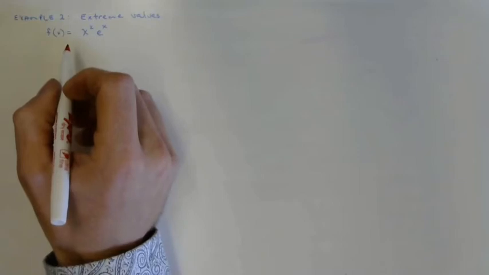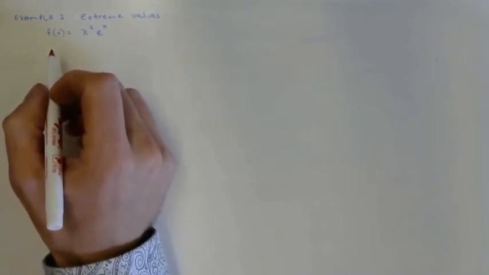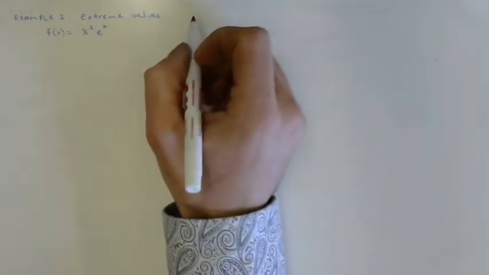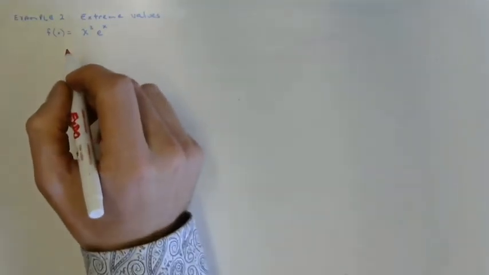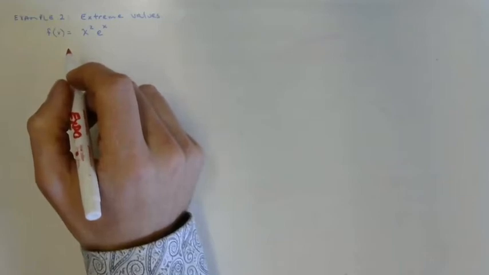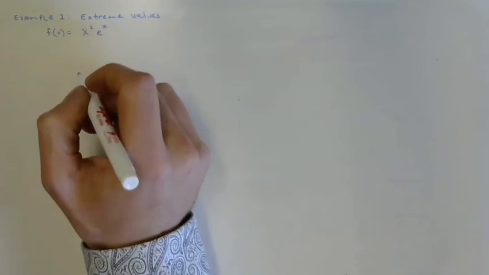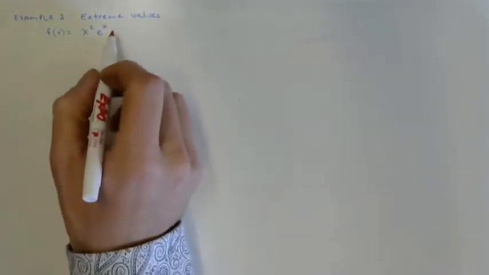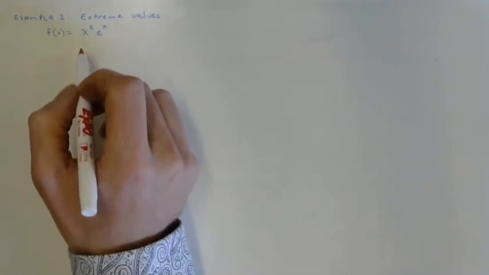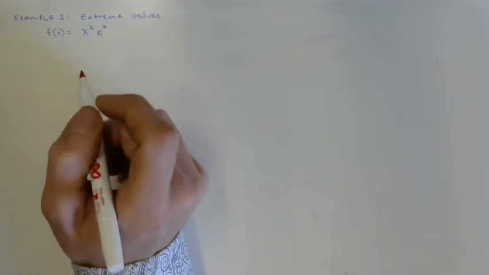In order to determine where the local max and min values occur, and we're going to be getting the values as well, so we're looking for points at the end of this example. But the first thing we need to do is differentiate the function and then set it equal to 0. That will tell us when the slope is 0, right? The derivative function gives us the slope of the curve, and where the slope of the curve is 0, that will be a max or a min.